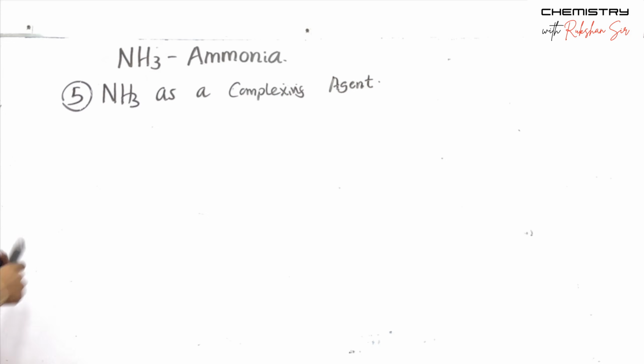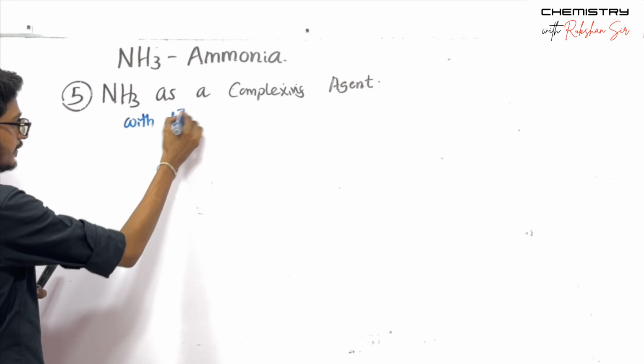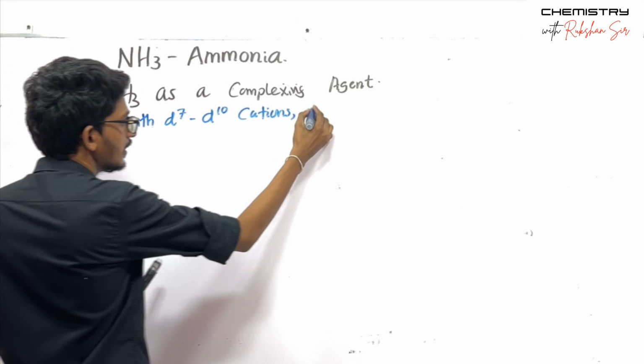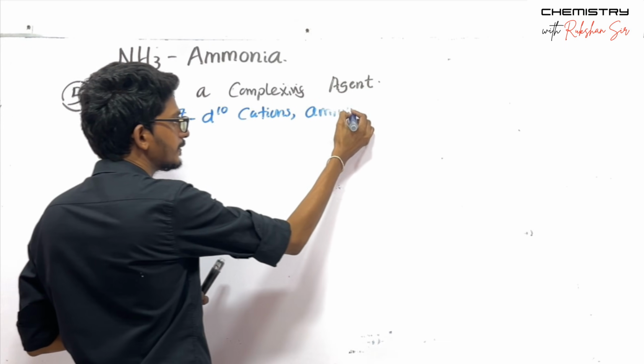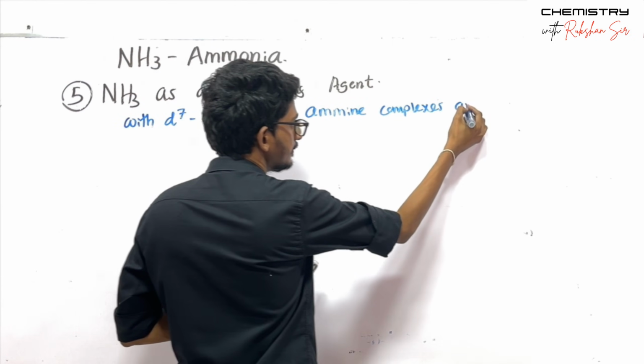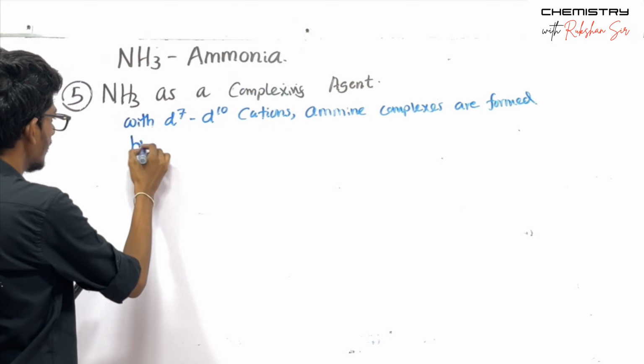Right? You can say with these in between cations. Amine complexes are formed by excess addition of NH3.